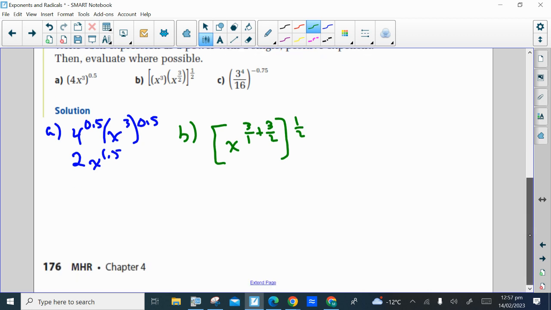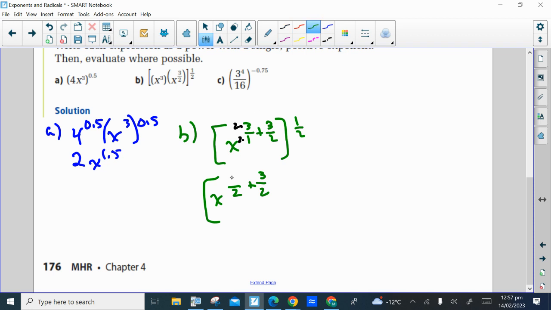To add 3 over 1 and 3 over 2 together, we need a common denominator, and that common denominator will be 2. The second fraction already has a denominator of 2, so the top is going to stay the same. The first fraction, though, we need to multiply the 1 on the bottom by 2, which means you have to multiply the top by 2 as well.